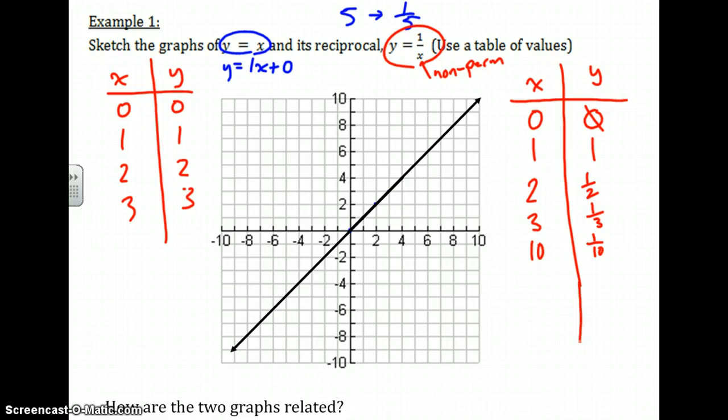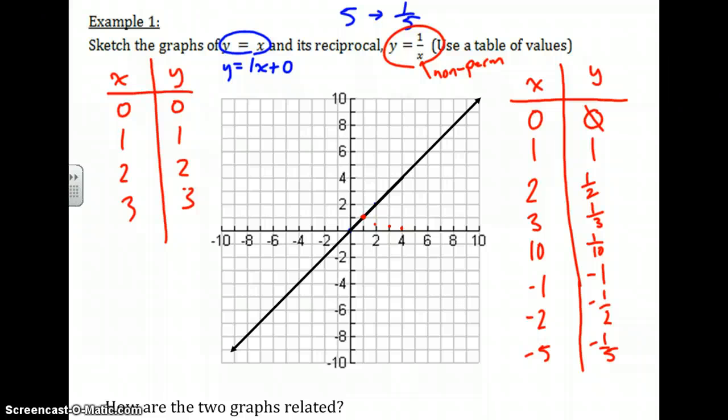Okay, what if we try some negatives? If we go -1, it'll be 1 over -1, so -1. -2 is -1/2. -5 is -1/5. So we should see definitely some trends there. Putting this on the graph, the point 0 we can't use, so we have the point (1, 1), which is there. We have the point (2, 1/2), so that's there. (3, 1/3), (4, 1/4).